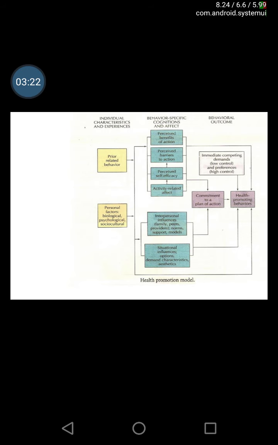In this major concept, the first area is the individual characteristics and experiences. Here you can see first is prior related behavior.